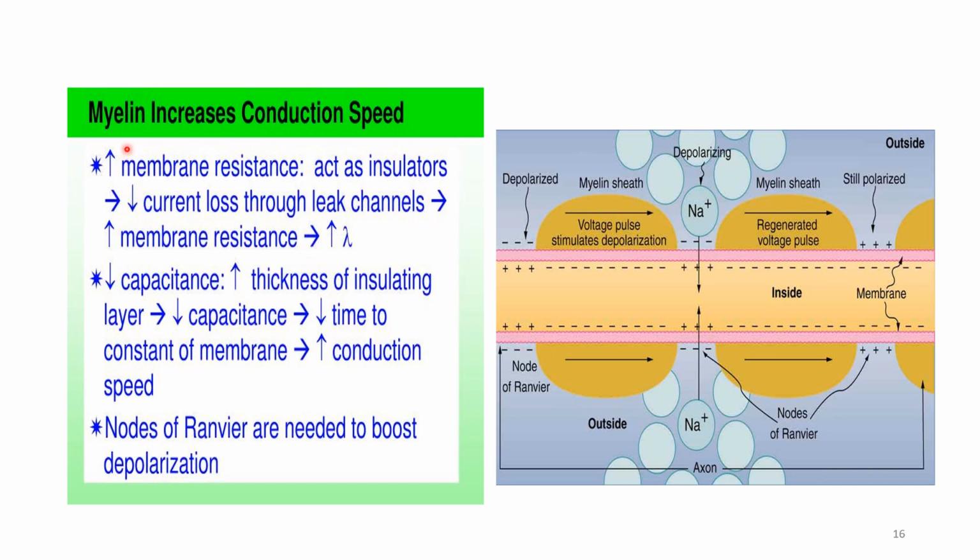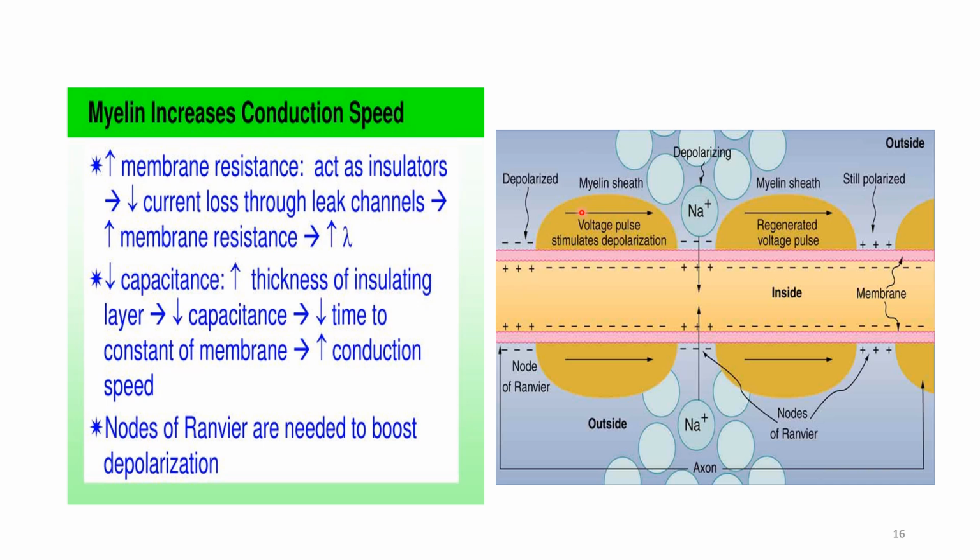Now coming to myelination. Myelin increases the conduction speed. How can it cause an increase in the conduction speed? It increases the resistance of the membrane, that is Rm.